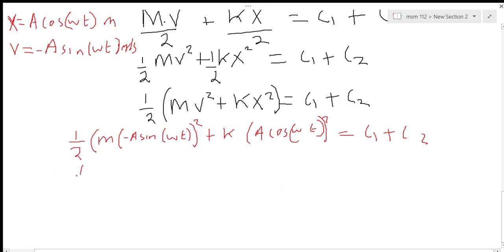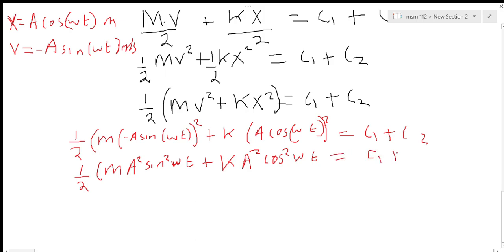Then when you work out this, this will give you half m a squared sine squared omega t plus k a squared cos squared omega t, like this, is equal to C1 plus C2, like this.